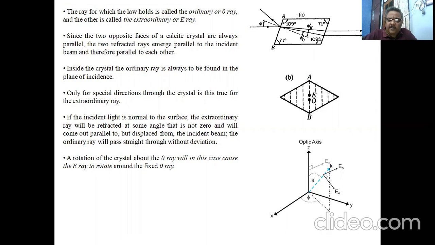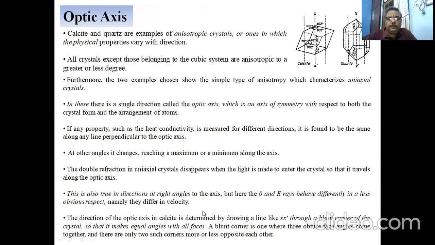So a rotation of the crystal about the ordinary ray will cause the extraordinary ray to rotate around the fixed ordinary ray. The axis along which this happens is called the optic axis of the crystal. So let's define the optic axis. What we saw is that calcite and quartz are two anisotropic crystals. Anisotropic means that the property of the crystal changes with direction.